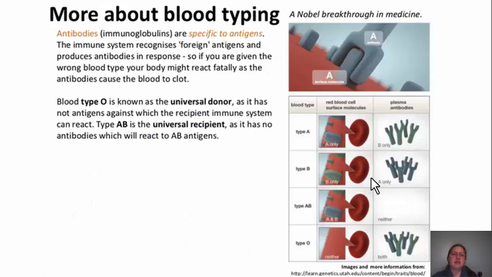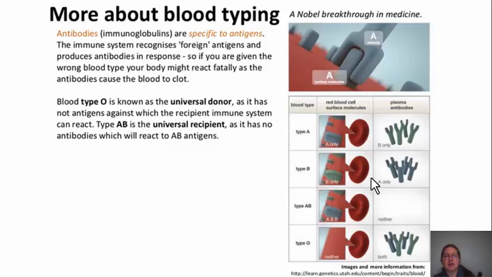So antibodies or immunoglobulins that sit on the surface of the red blood cells are specific to the antigens. The immune system recognizes foreign antigens and produces antibodies in response. So if you're given the wrong blood type, your body might react fatally as the antibodies will join with the blood that's given to you, causing it to clot.